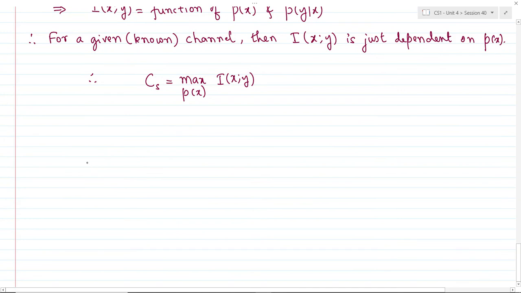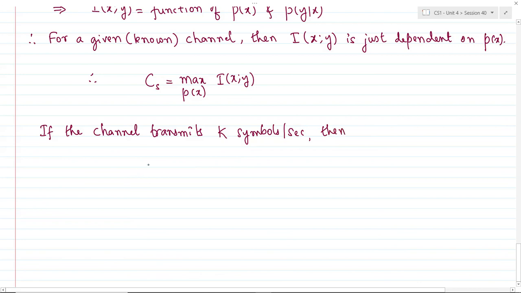All right. So if the channel transmits k symbols per second, then I can say that the channel capacity in general is C as k times CS.